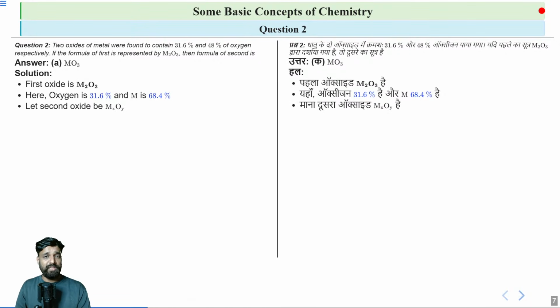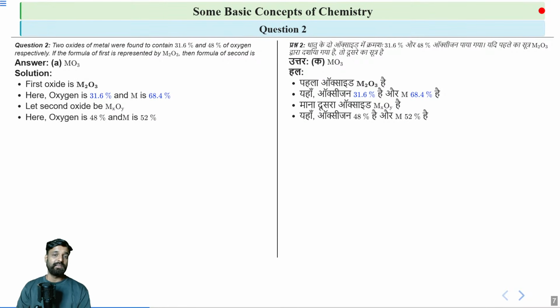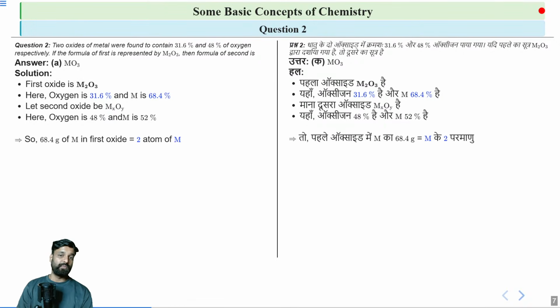So this is very obvious. Then we are supposing that the second metal oxide is MxOy. Now if it is MxOy, then your oxygen percentage is given as 48%. Therefore your metal percentage will be 52%. Right. So what can we say from here? Anyone? You get my point? We are saying that for the first metal oxide, the percentage of metal is 68.4.